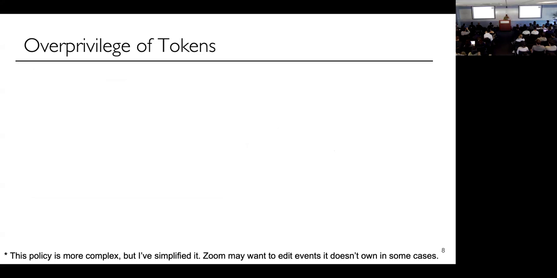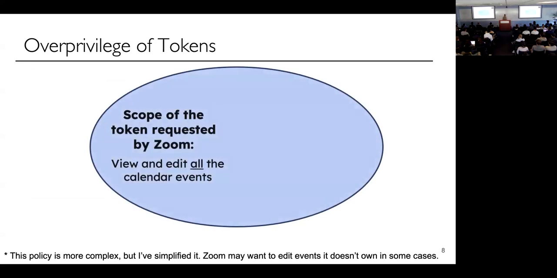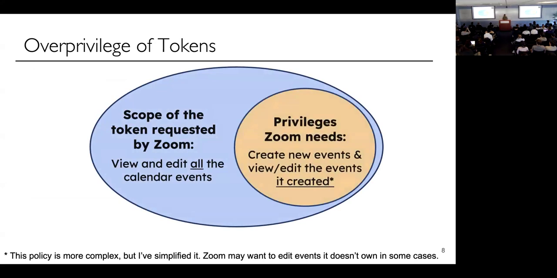The other problem is that the tokens are overprivileged. So again, like in my Zoom example, what Zoom asked for was the ability to view and edit all of the calendar events. Now, what it needs, if you think about it, is to create new events, and then to be able to manipulate events it has created.